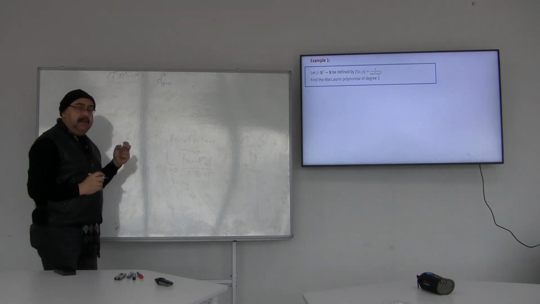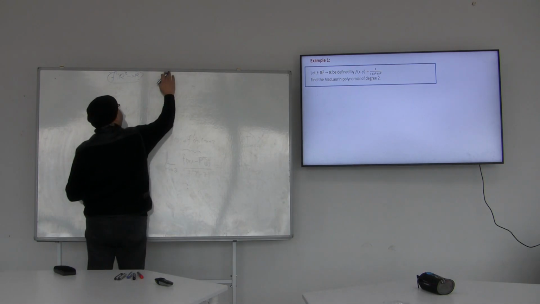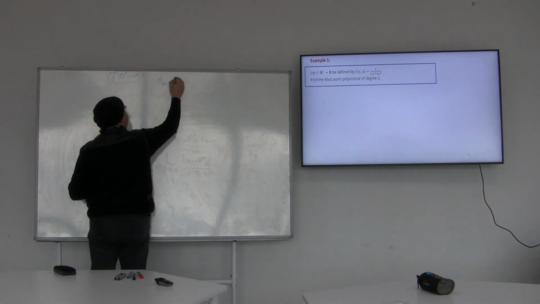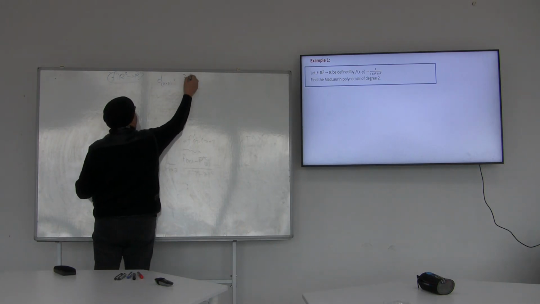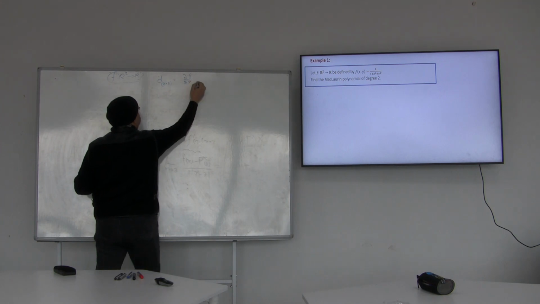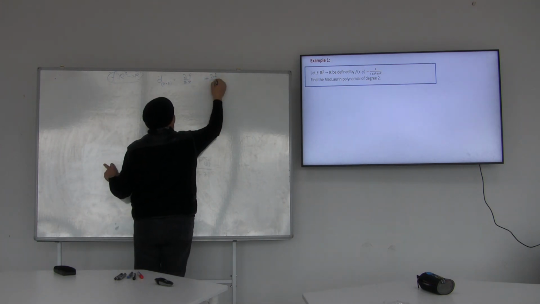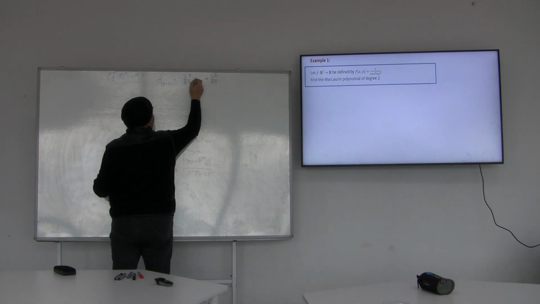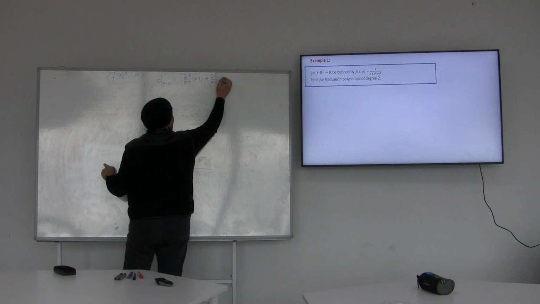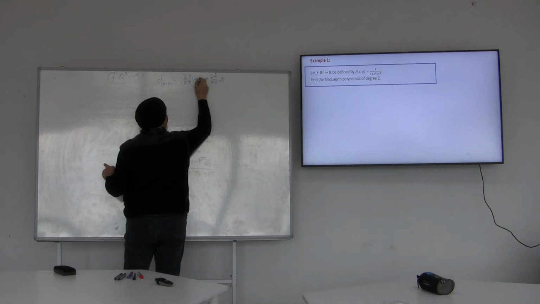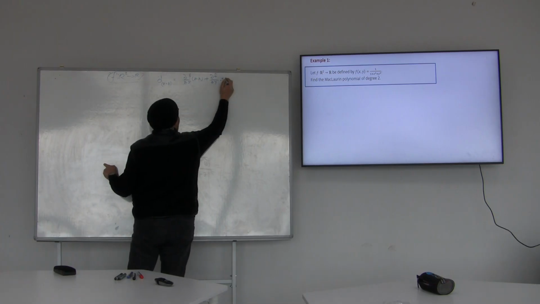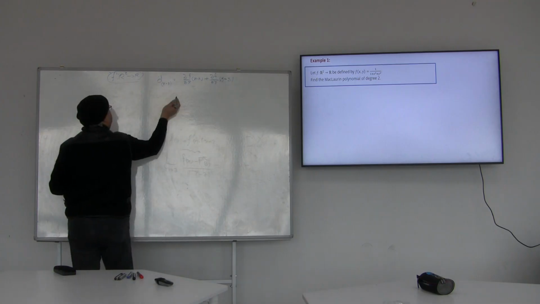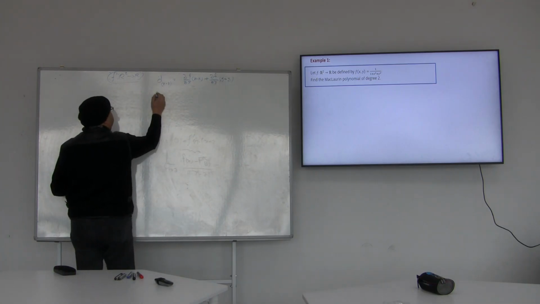So if I want to get this term, let's start first with D1. It's going to be partial f partial x plus partial f partial y, but don't forget this is going to be times x minus a: this is x minus x1, and this is y minus y1, where x1 and y1 are the components of a.